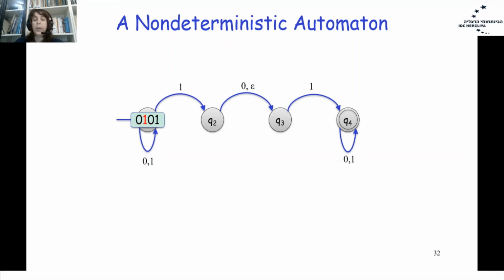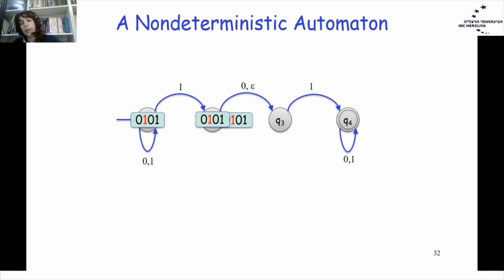On input 1, now we have several possibilities. The first one, staying in Q1. The second one, moving to Q2. And the third one, after moving with 1, to use the epsilon transition and move from Q2 to Q3.